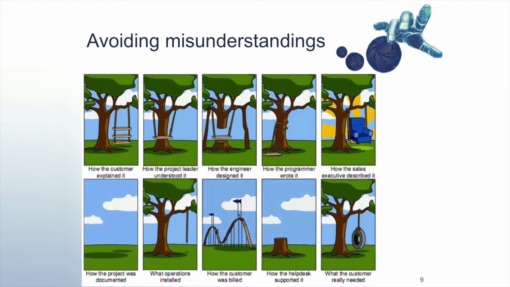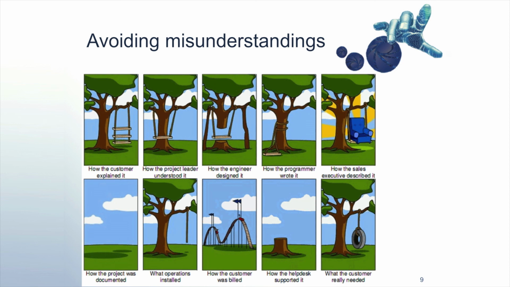Another of the challenges in ITIL that we try and deal with is the potential for misunderstanding. And many of you might recognise this slide. I've seen it since the 1970s. It's a classic way of describing the misconceptions that can arise with, for instance, an incomplete or ambiguous specification. So you can see some of these amusing consequences.